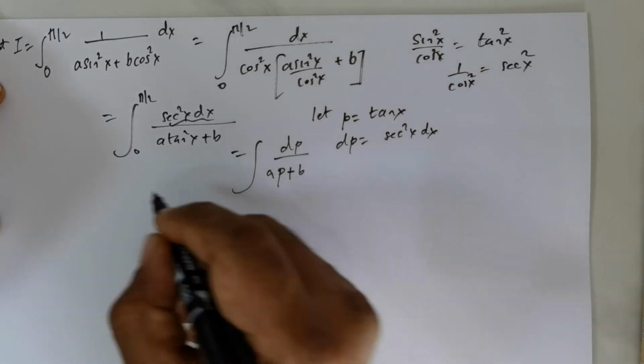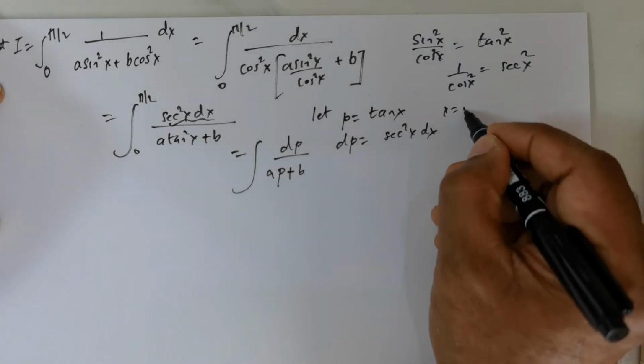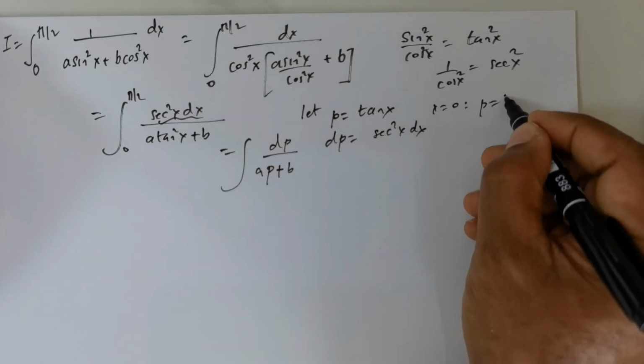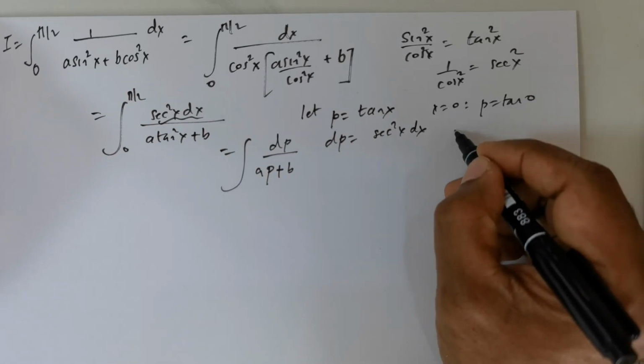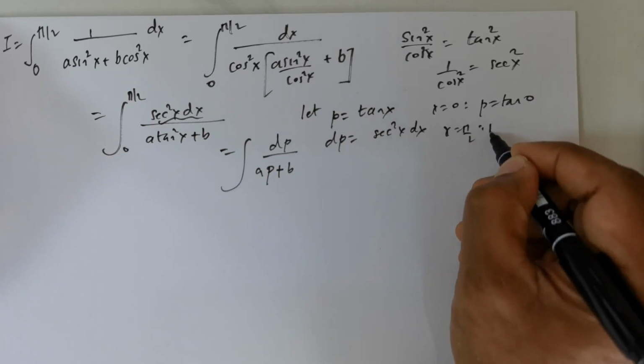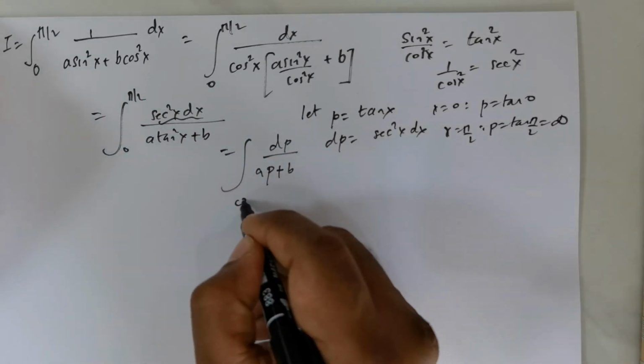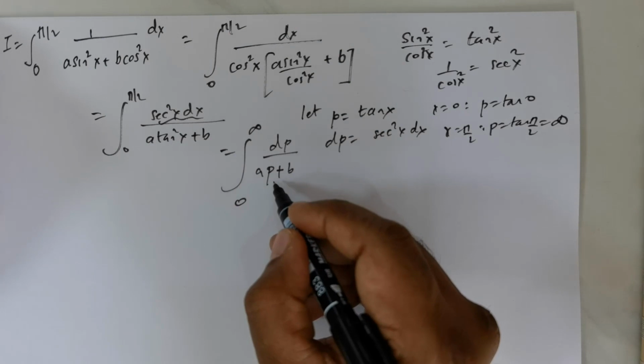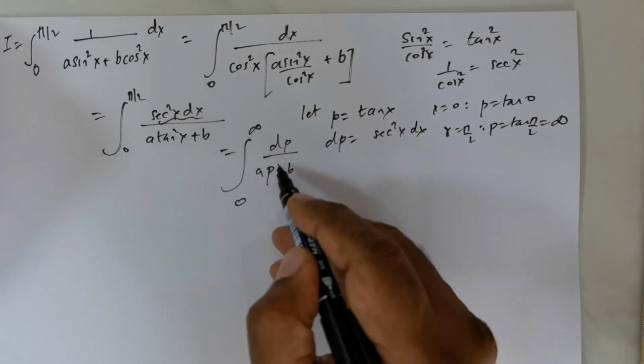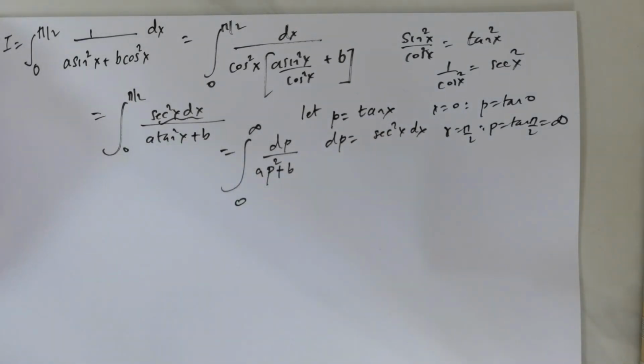Now limits: x is equal to 0, so p will be equal to tan 0, and x is equal to pi over 2, so p will be equal to tan pi over 2, which is equal to infinity. So this is 0 to infinity. Now it's tan squared x, so this has to be p squared there.